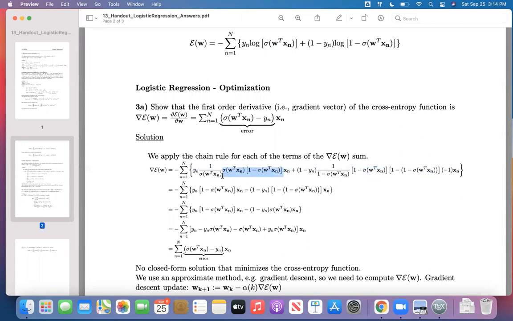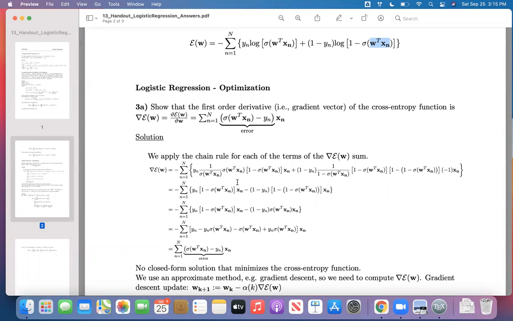The main difference is that here sigma of n is this sigma of W transpose xn. When we apply the same rule here, then sigma of n is this entire thing. And finally, what we need to do is again find the first order derivative of this entire expression with respect to W, which is minus x of n.